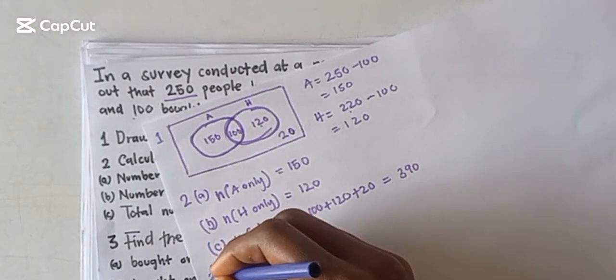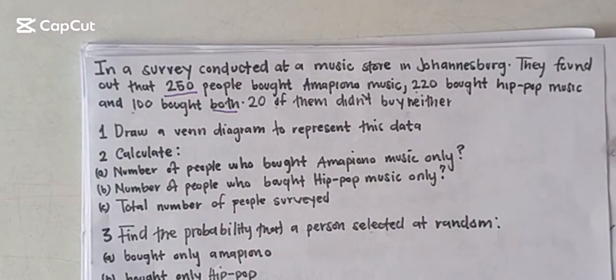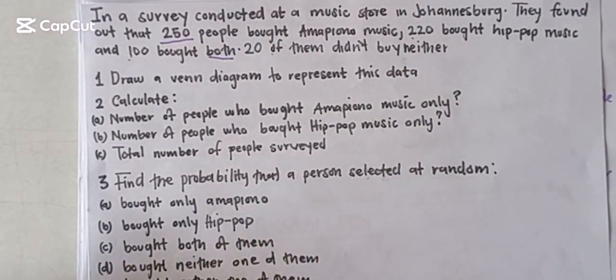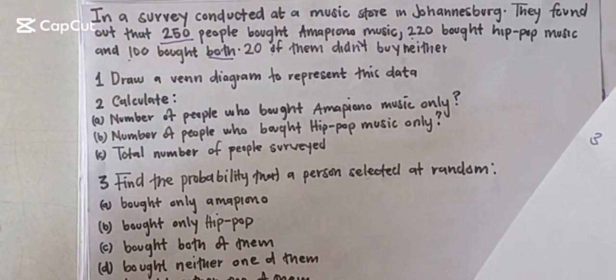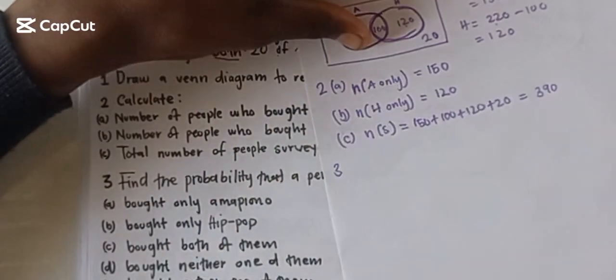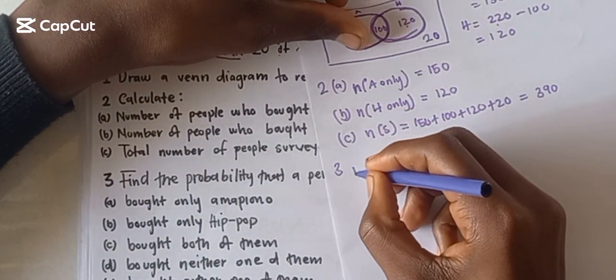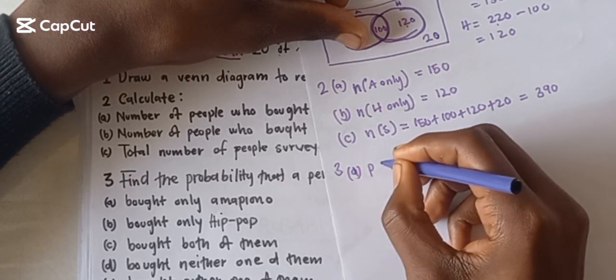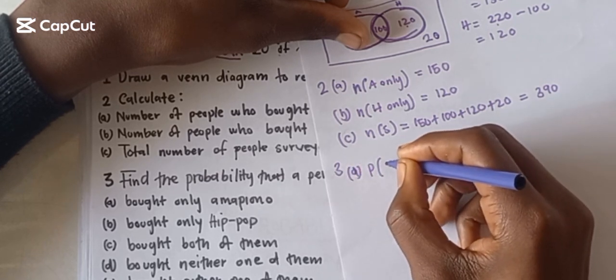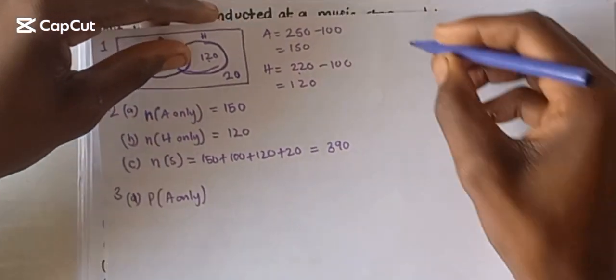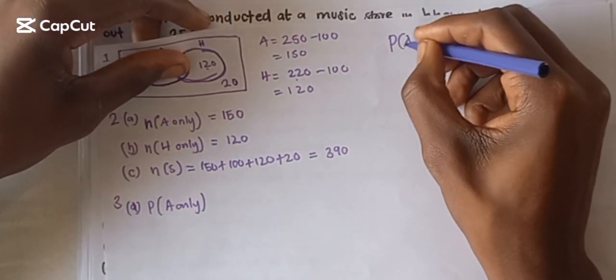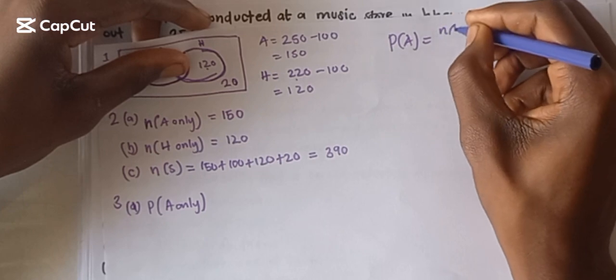So going to the third question, they say find the probability that a person selected randomly bought only Amapiano. Now we're not just looking for a total number, we are looking for what? For the probability. So they want the probability of buying Amapiano only. We know that probability goes with this formula, which is n(A) out of n(S).